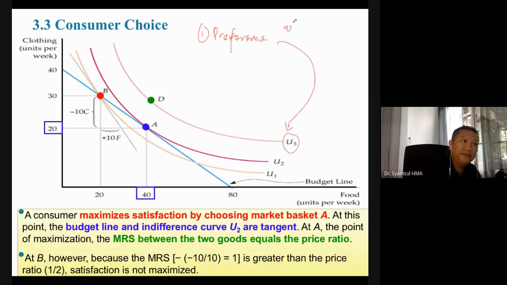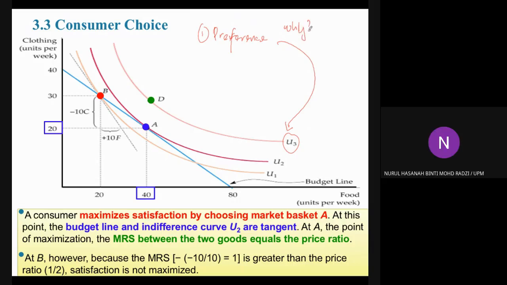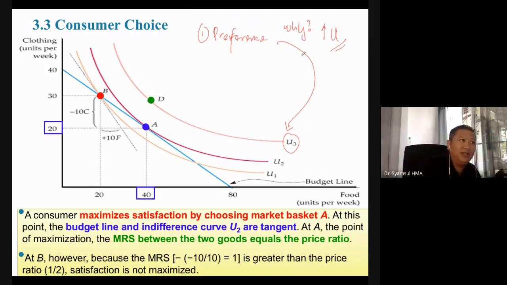Why? Because more is better. It is the most optimal, the highest utility, the highest satisfaction.